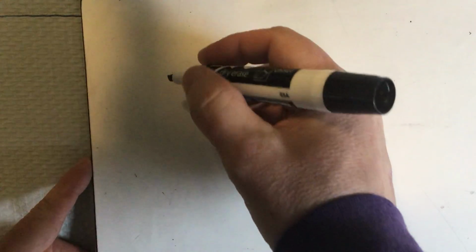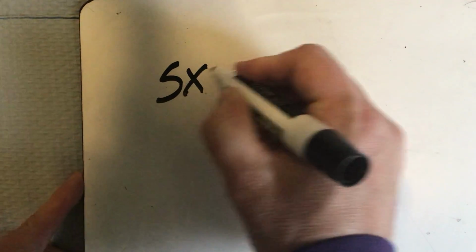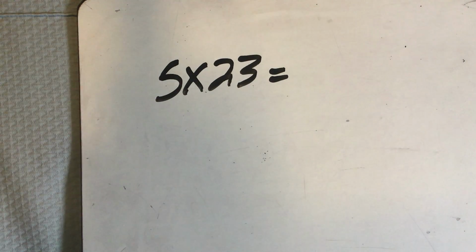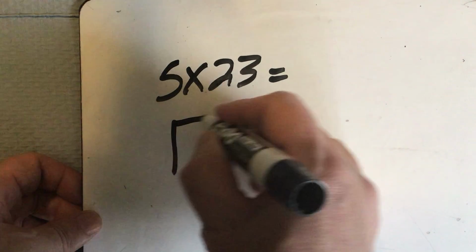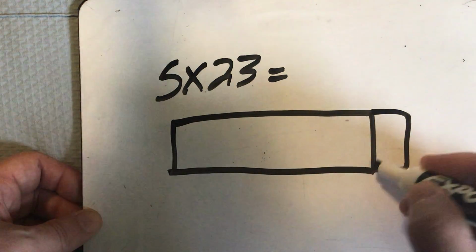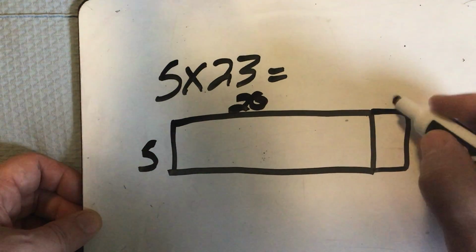If we had this equation, thinking about what we've worked on in the last few minutes, 5 times 23 will equal something. Again, don't let that flip you out or get you upset about not knowing what to do. Let's find the strategy we just worked on. We figured out 5 times 20 a little bit ago.